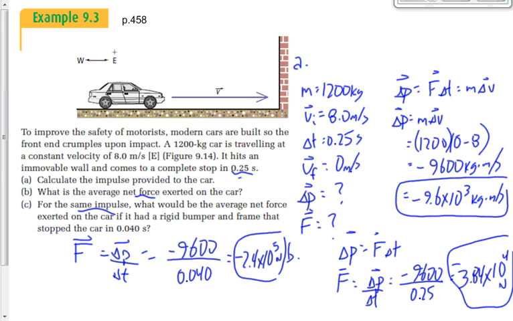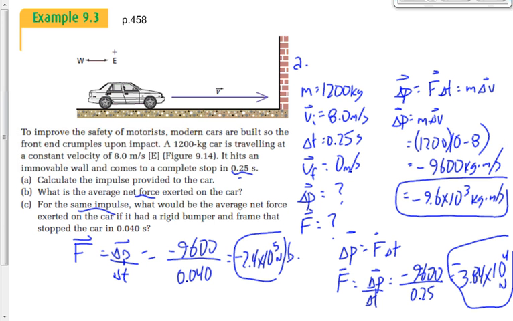Without even thinking about it, you cradle it, right? Your arms go back a little bit. What does that do? It increases the stopping time of the basketball, which decreases the force, which means it's going to hurt your hands less, and you're more likely to be able to hold on to the ball because it's a smaller force. Okay. All right.